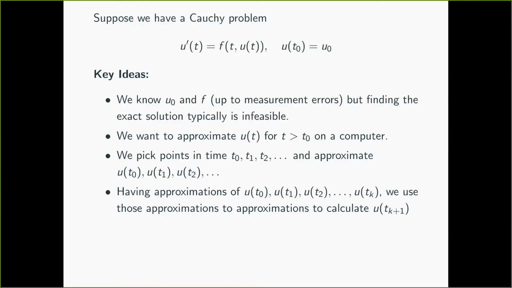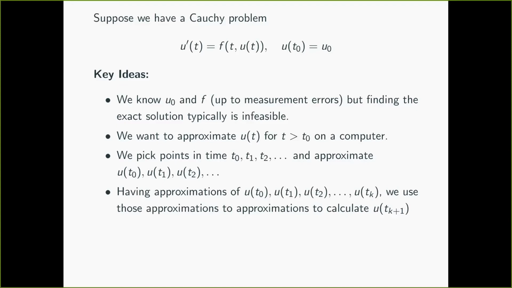Okay, so how do we actually find the approximations? Now, typically, if you've got an approximation for u at t0, in fact, it typically is known exactly, then we use that information to find an approximation for u at time t1. Then with these two approximations, we approximate u at time t2, and so on and so on.